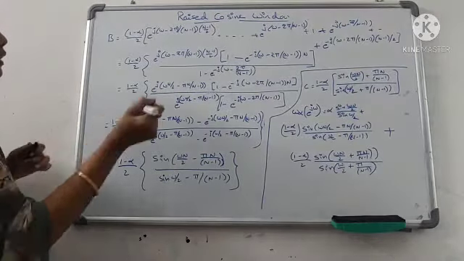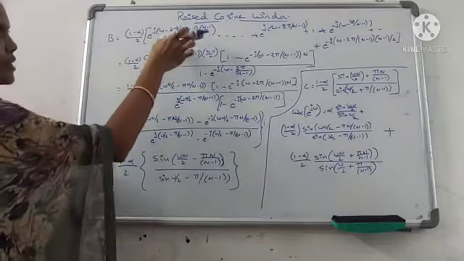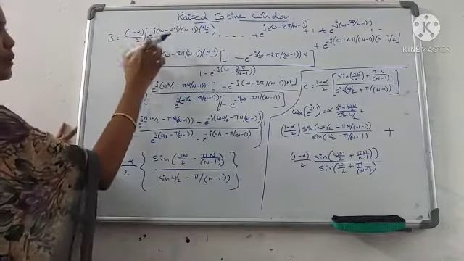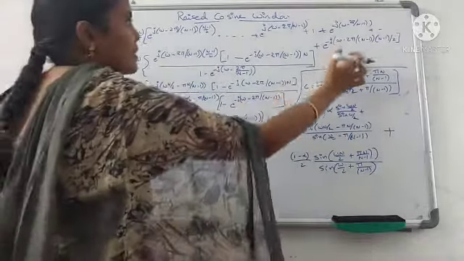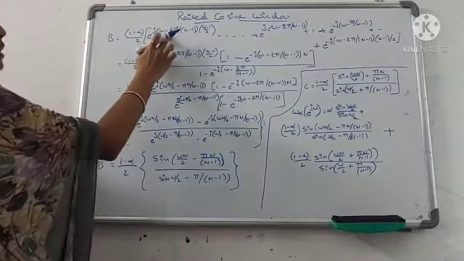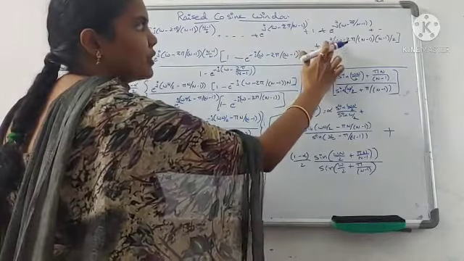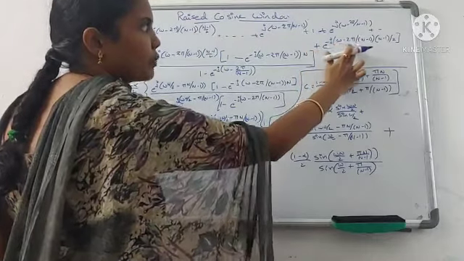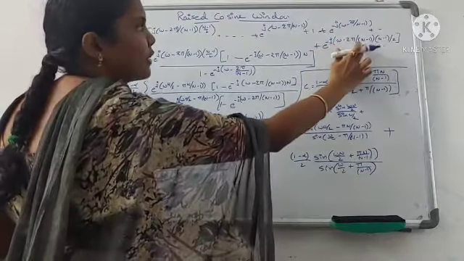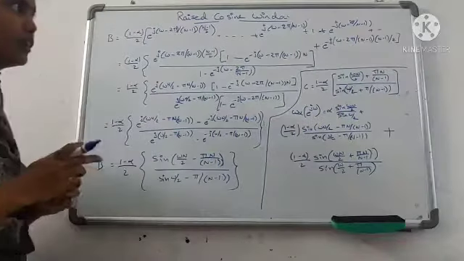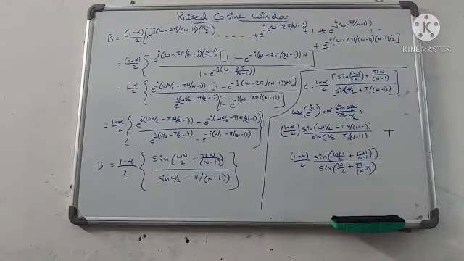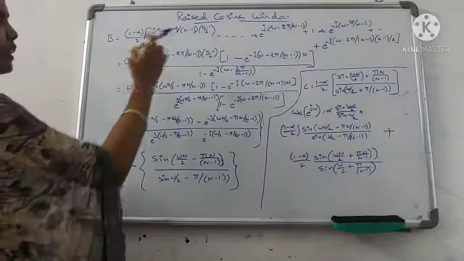So now B is equal to, you have to expand the series 1 minus alpha by 2 into e power j omega minus 2 pi by n minus 1 into n minus 1 by 2 and so on up to e power minus j into omega minus 2 pi divided by n minus 1 into n minus 1 by 2. Okay, so now it is in the form of an equation.